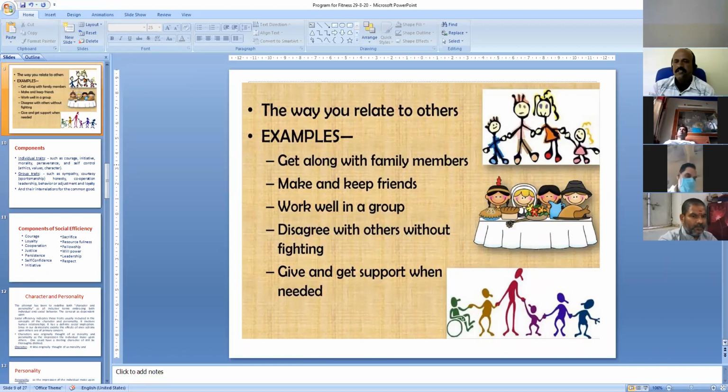To conduct these events, we need a lot of cooperation and support from other people, and from other professions also. So we have to be very cooperative and get the support of all the people. For that, we have to be very good in social qualities, so that the meet or organization of the sports will be conducted successfully.